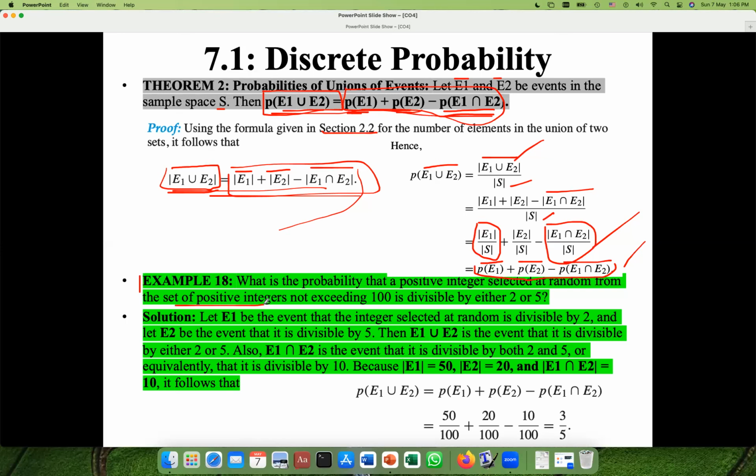So you will select a positive number from that set randomly. So what is the probability that a positive integer selected at random from the set of positive integers not exceeding 100? And when you select, that number will not exceed 100.